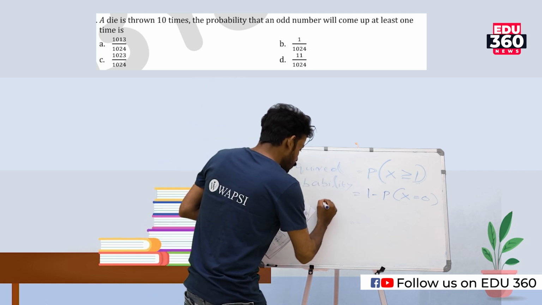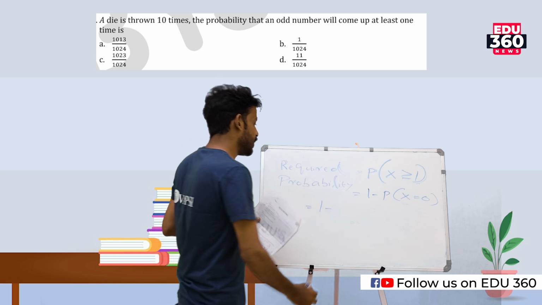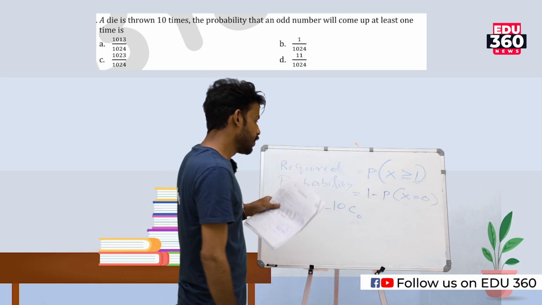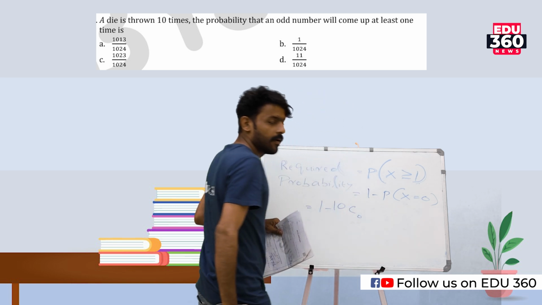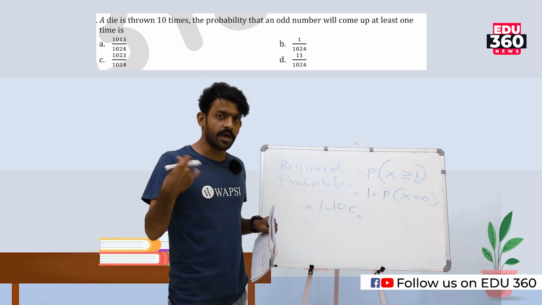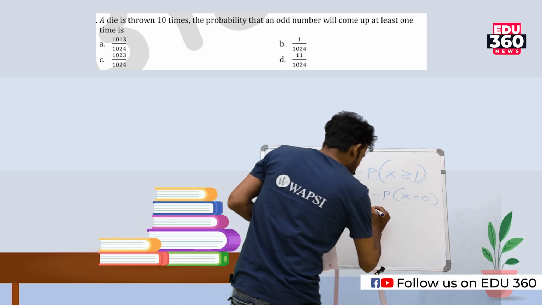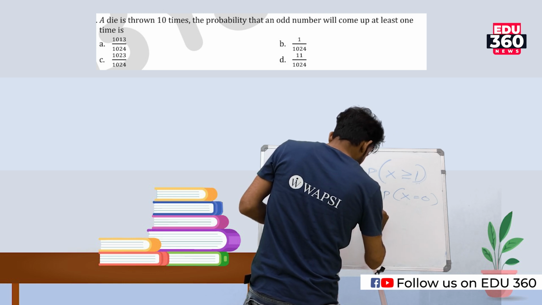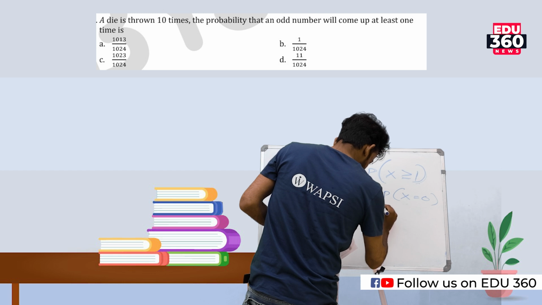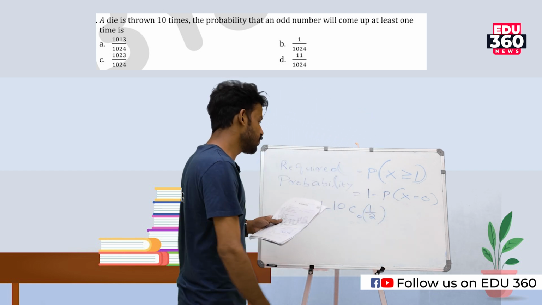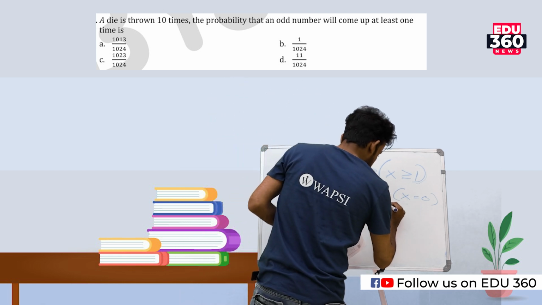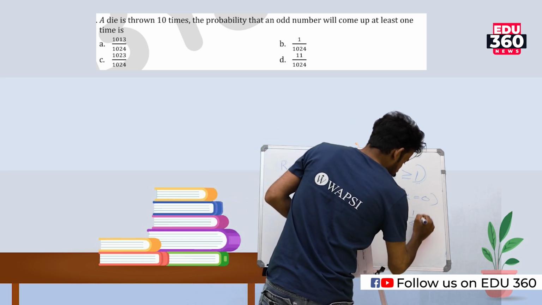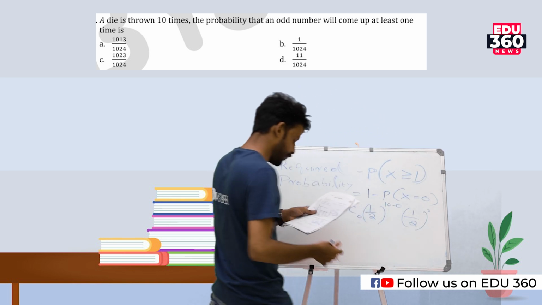So that is 1 minus 10C0, and we know that P and Q both are 1 by 2, so we write 1 by 2 raised to 10 minus 0 into 1 by 2 raised to 0.